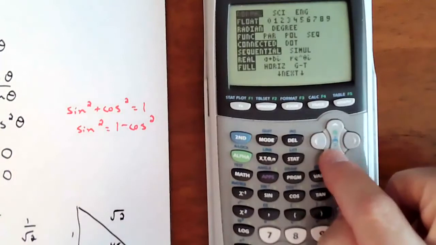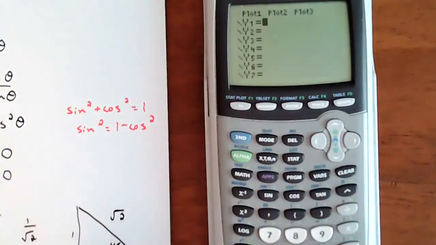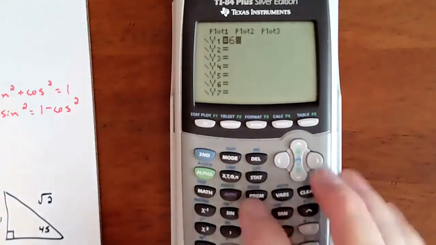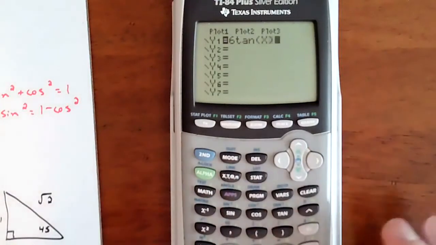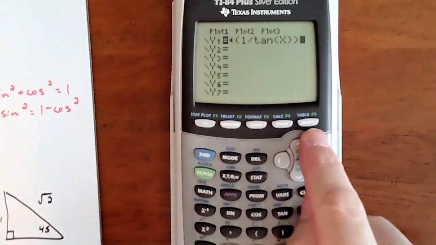Before I do that, let's make sure I'm in degrees. So 6 tangent x minus 6 times 1 over tangent x. And that is what I'm graphing.